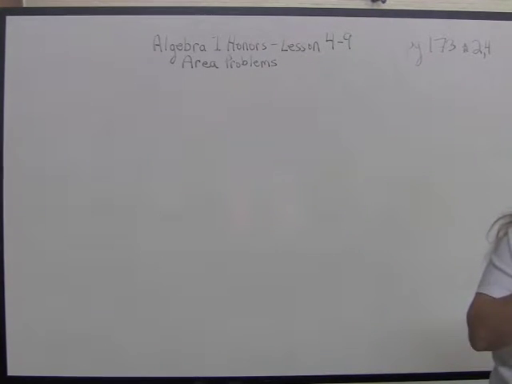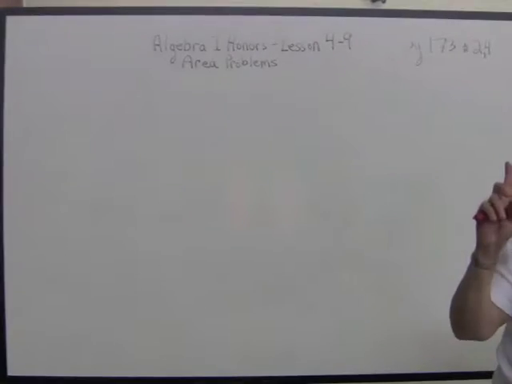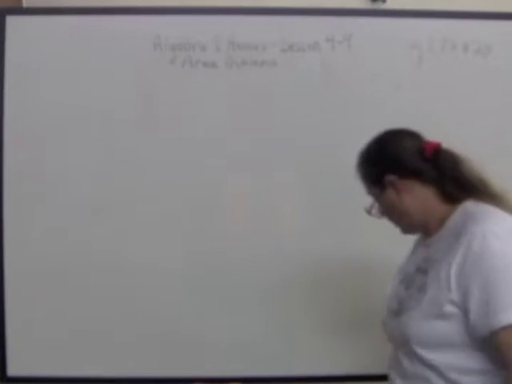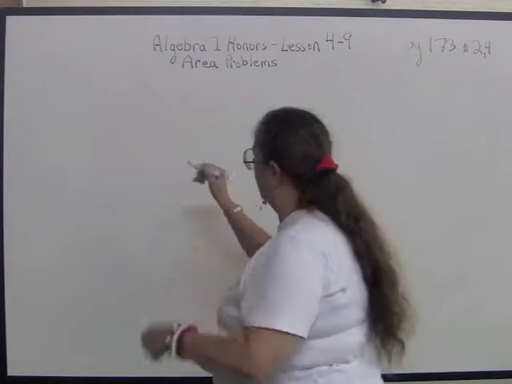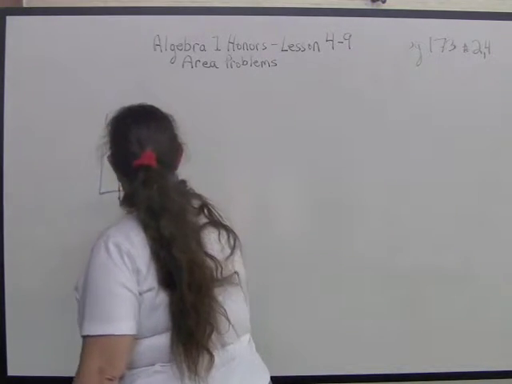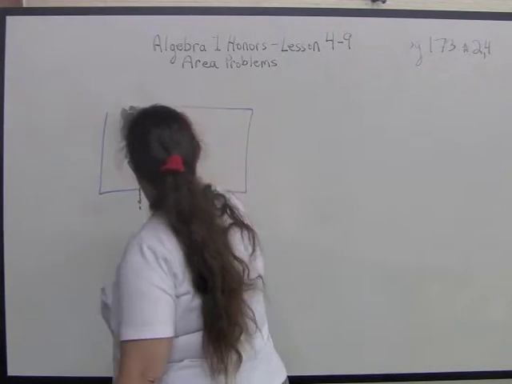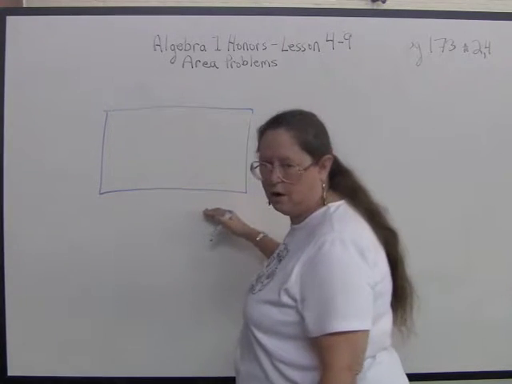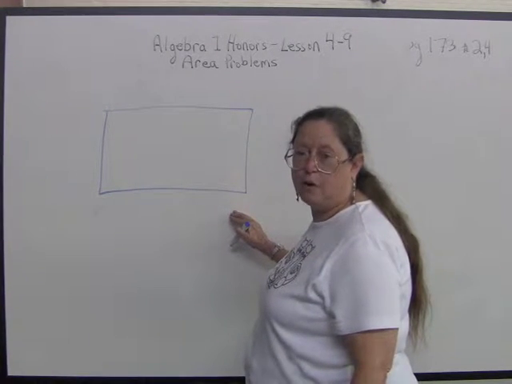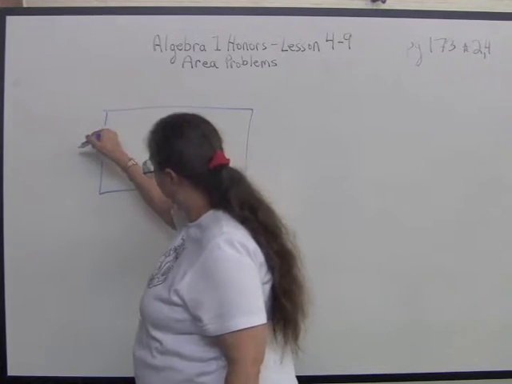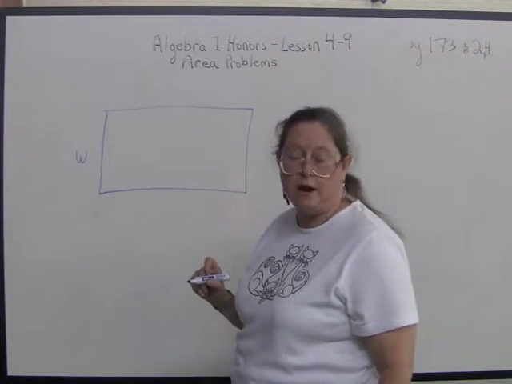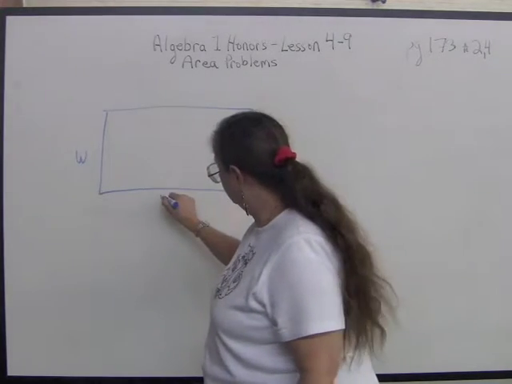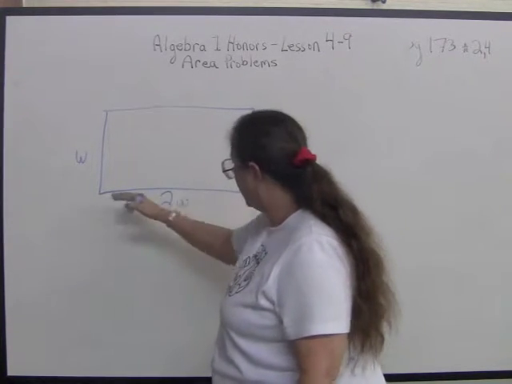So number 2 says, a rectangle is twice as long as it is wide. That's the first sentence. Take your rectangle. Okay, draw a rectangle. It's twice as long as it is wide. So if we use W to represent our width, how wide it is, 2W would be how long it is.